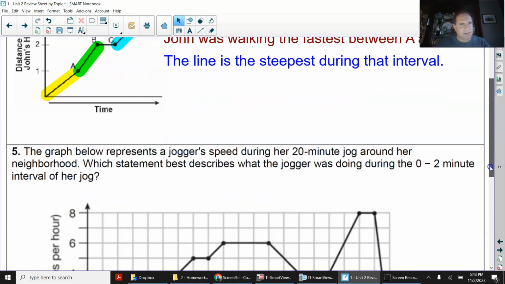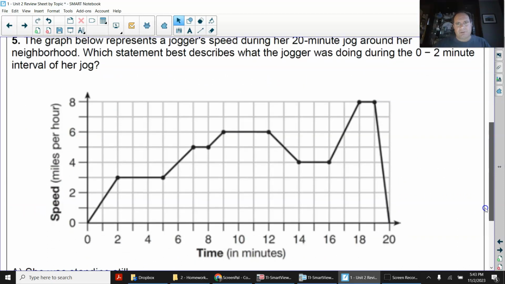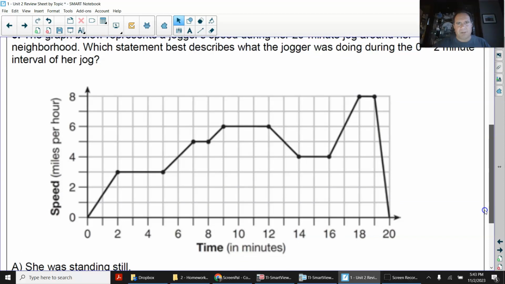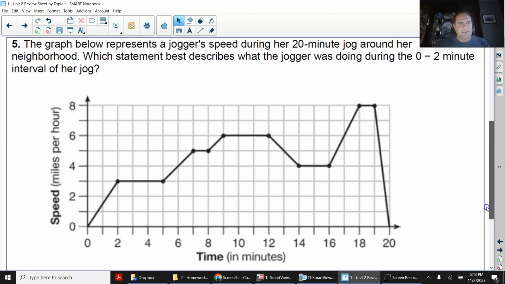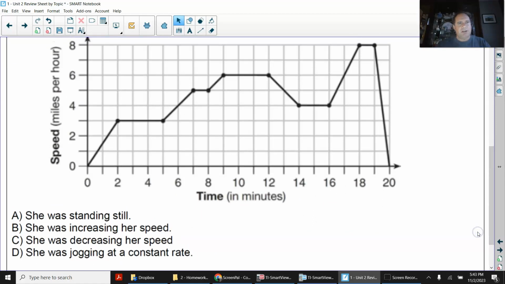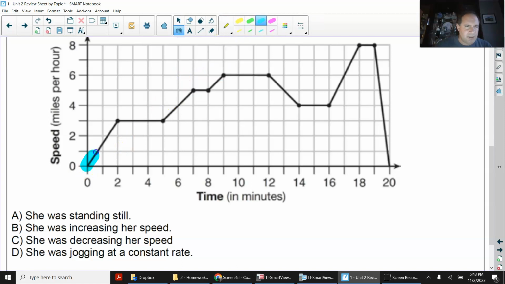All right, the graph below represents the jogger's speed during her 20-minute jog around her neighborhood. Which statement best describes what the jogger was doing from the 0 to 2 minute interval of the jog? So the speed right here, 0 to 2, let's just talk about this and highlight it, because that's what they are specifically.